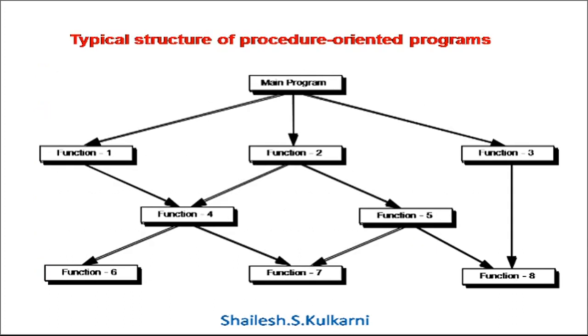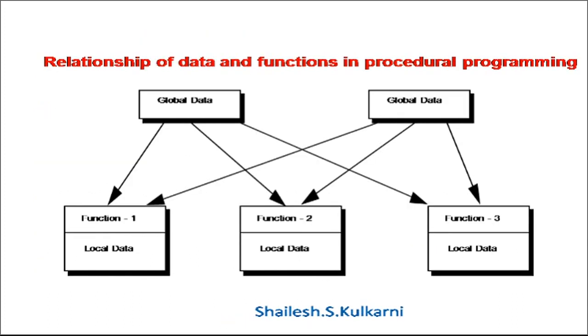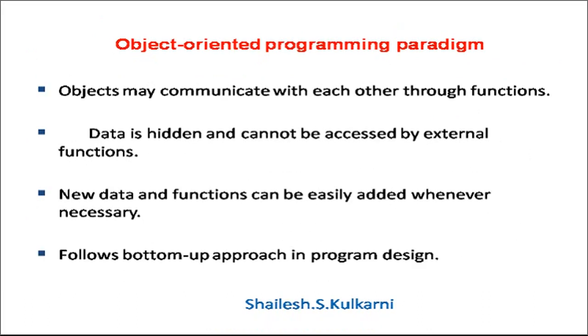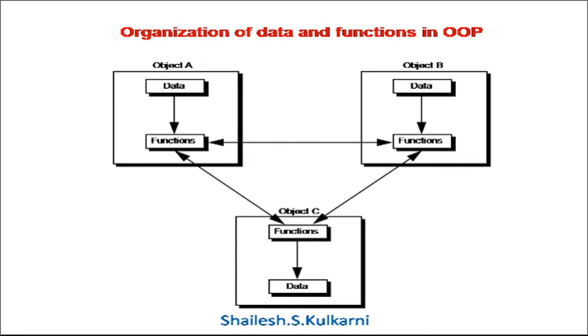Whereas in the case of the object oriented approach, there are multiple objects which are communicating with each other. If you look at this diagram, we have three objects: object A, object B, and object C. In the procedure oriented approach, the focus is always on the functions, or algorithm. But here, along with functions, data is also considered. So data as well as functions are encapsulated, or embedded, inside an object.